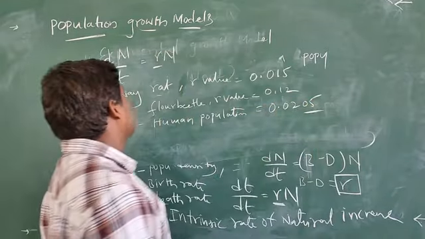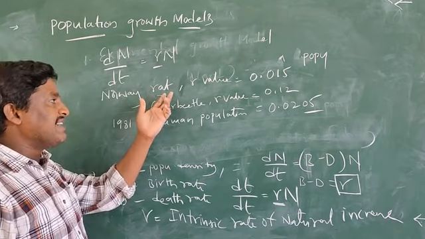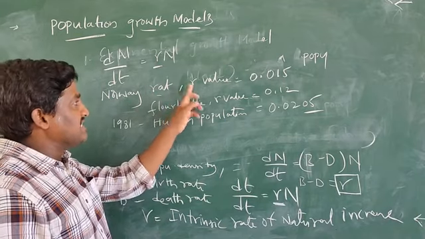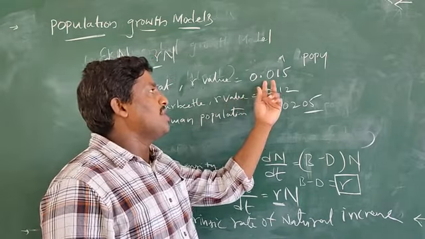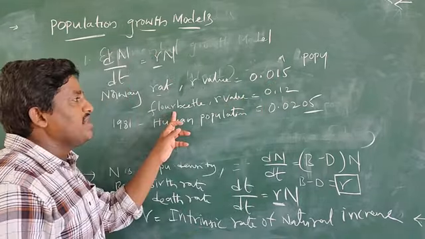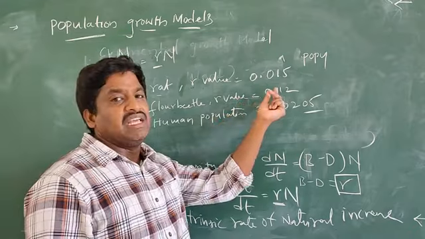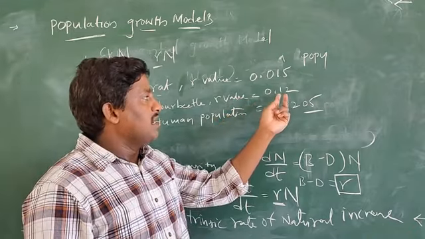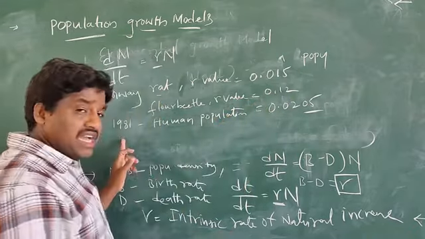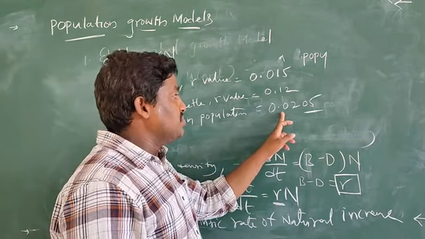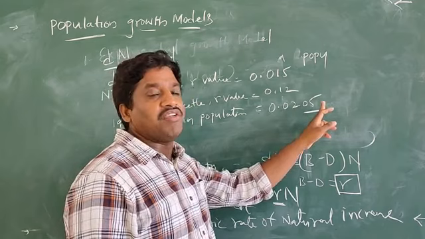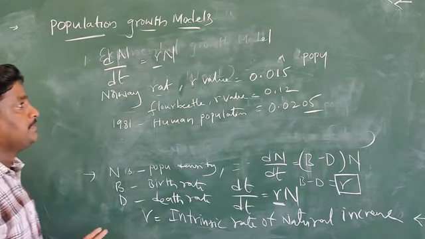This is the increase. Okay, in the Norway region, the rat's natural increase in population is 0.015, the flour beetle's r value is 0.12, and the 1981 human population is 0.0205. That much is the increase.